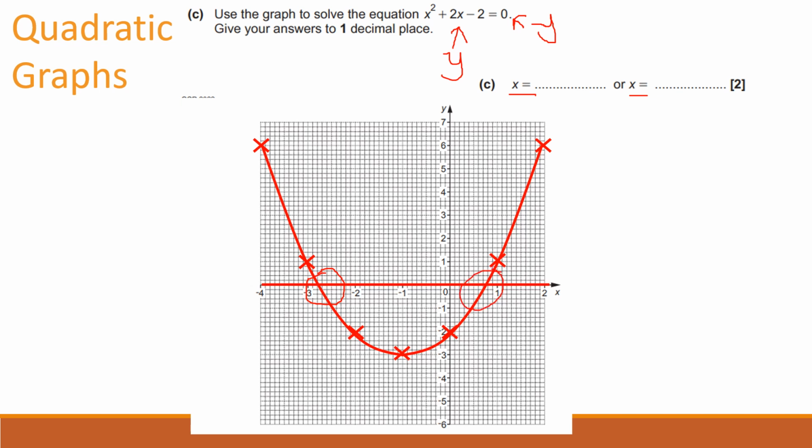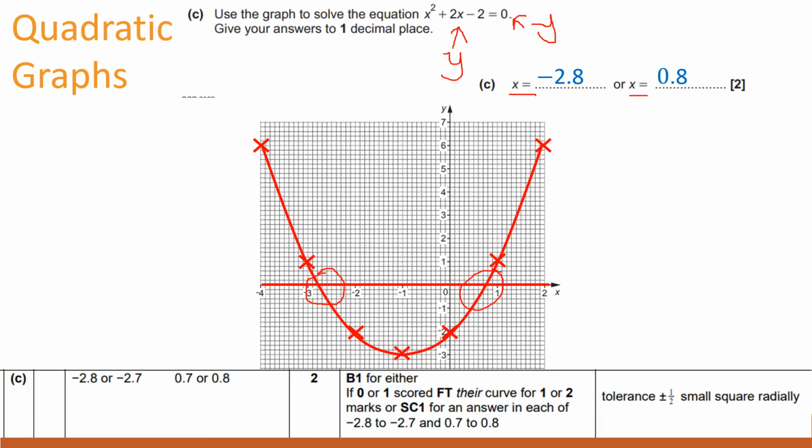And you've just got to read off from your graph the 2 values. So when I read across, I get -2.8 for the first value that I highlighted, and 0.8 for the other value. Now this tells us on the mark scheme that my answer could be between -2.8 and -2.7, or 0.7 and 0.8. So there is a little bit of leeway, and there is 1 mark for each of those values that you gave correctly.